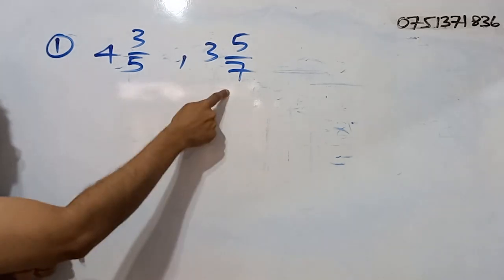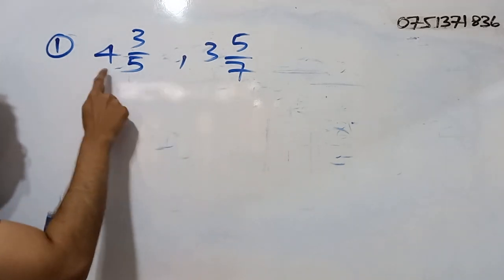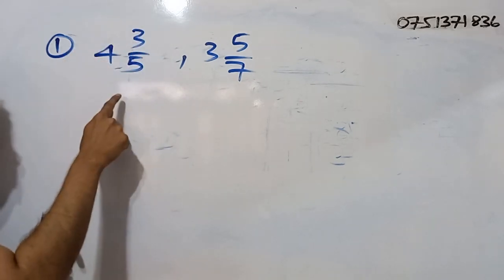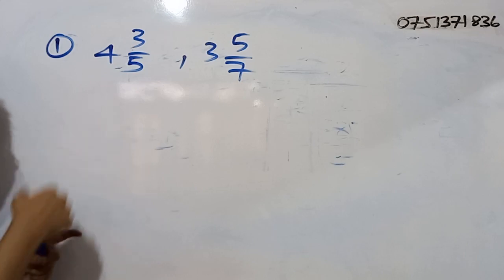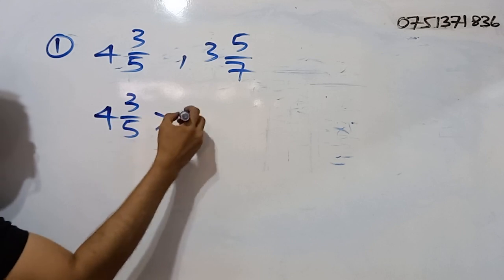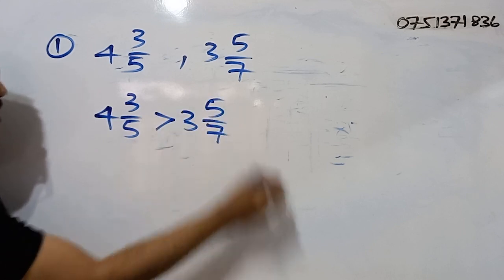That means of these two, when we compare the whole number parts, which one is larger? This one, 4 and 3 by 5. That means 4 and 3 by 5 is greater than 3 and 5 by 7.